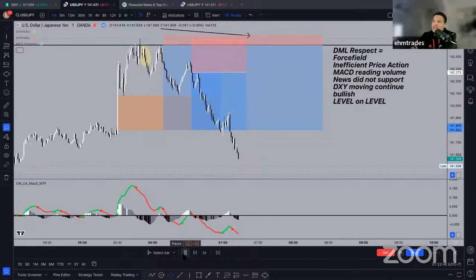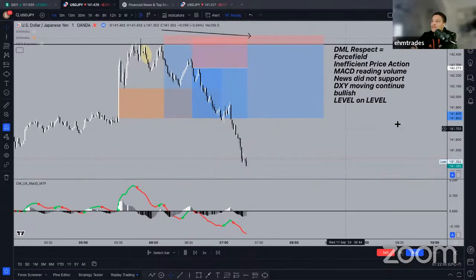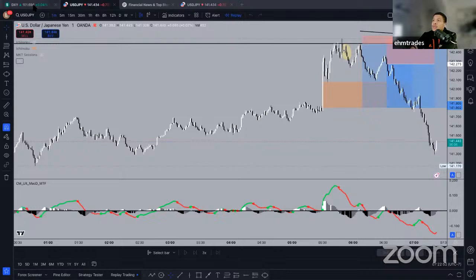And now we're seeing USD JPY just falling, right? Just falling.